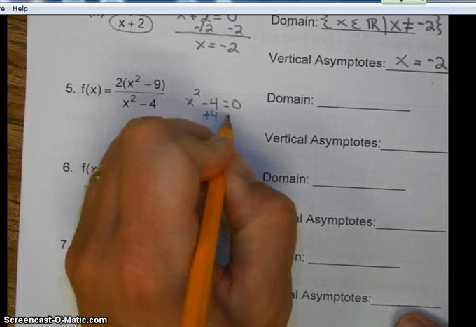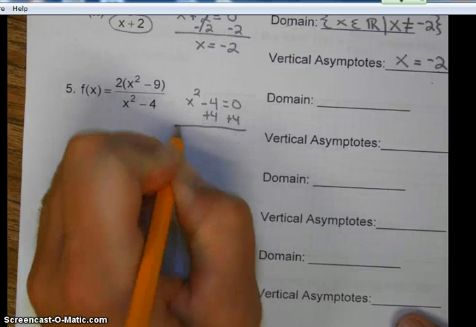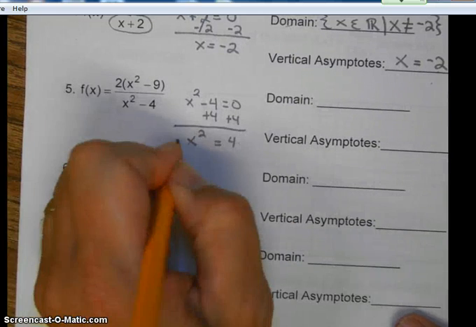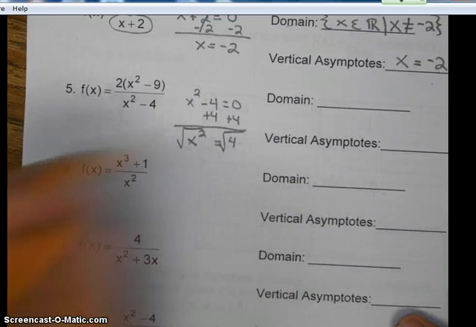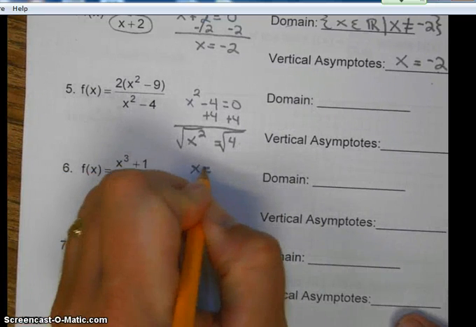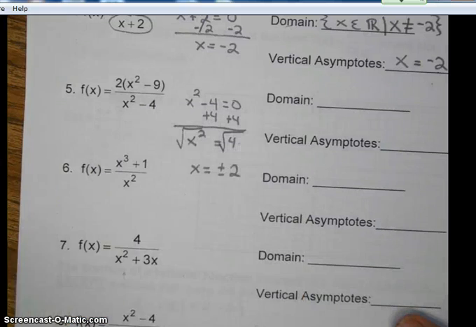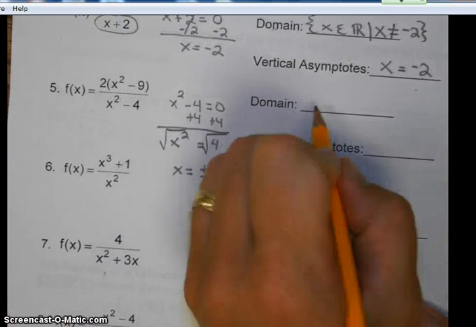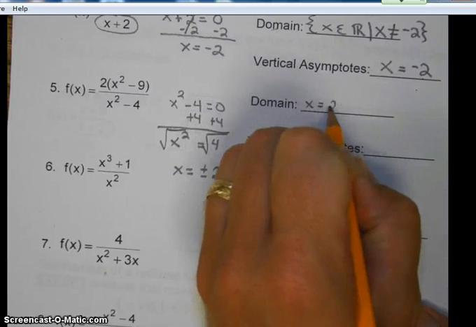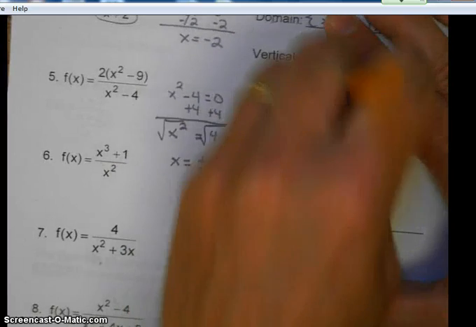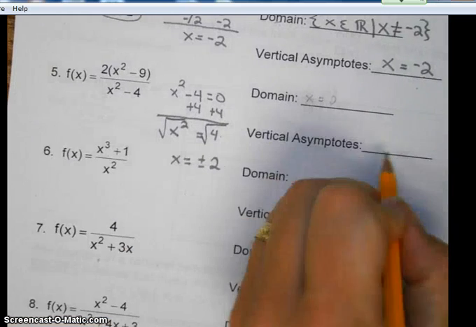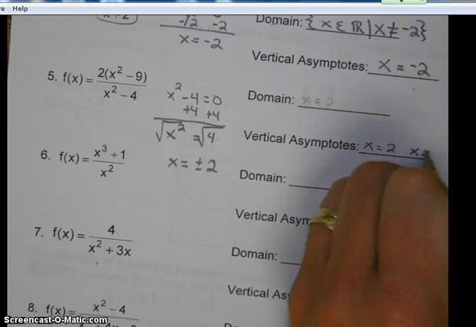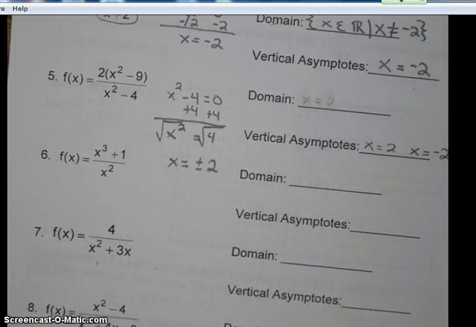So adding 4 on both sides, square rooting both sides, we have x equals plus or minus 2. So we have a vertical asymptote at 2, and we have one at -2.